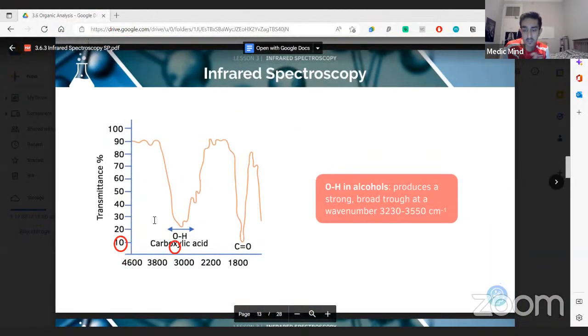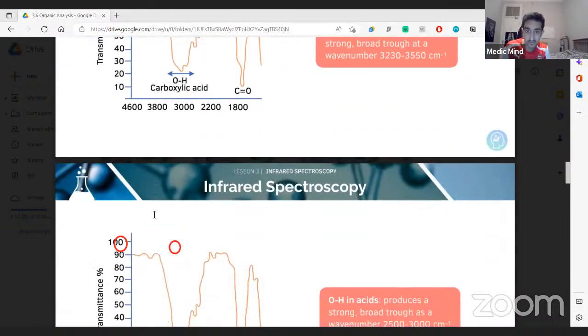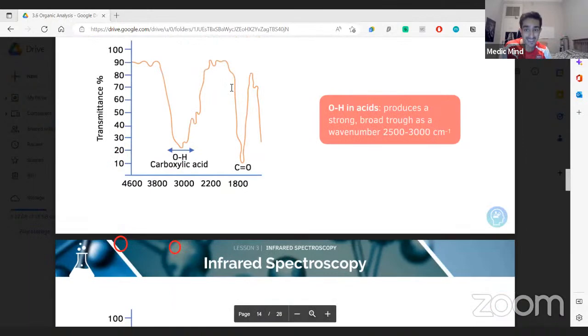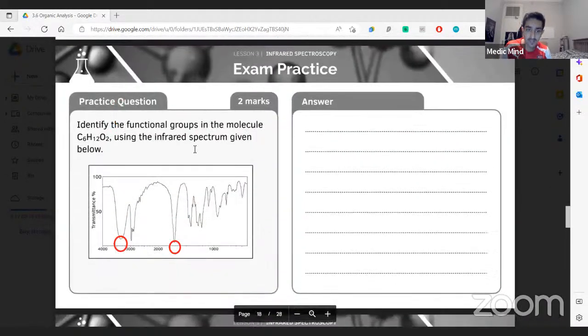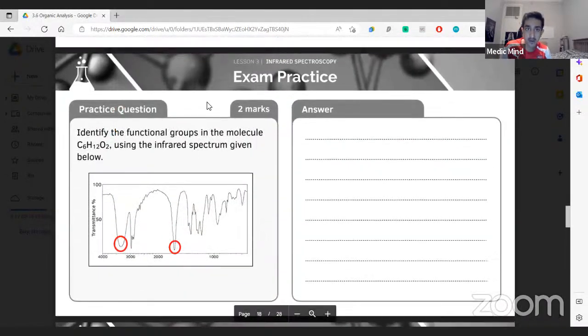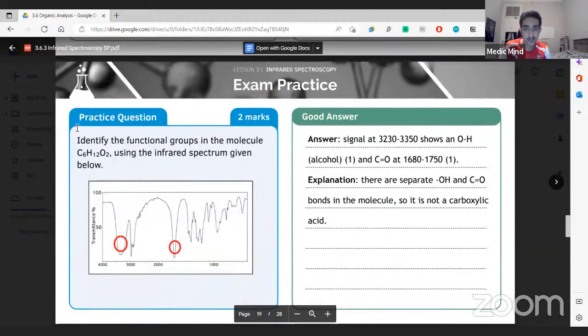But for an OH group in an alcohol, it's going to be further along, at about 3,230 to 3,550. Again, they're both broad peaks, but it's where they're located. Since this is further along, I'm thinking that it's probably an alcohol and a ketone or an aldehyde group as well.